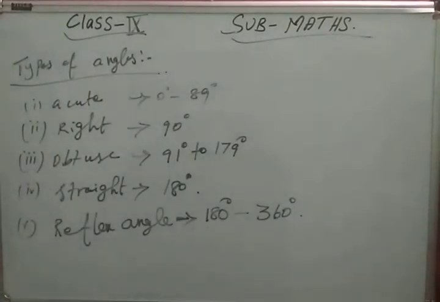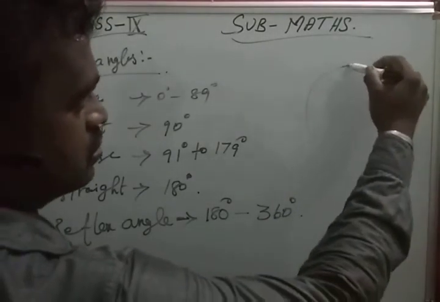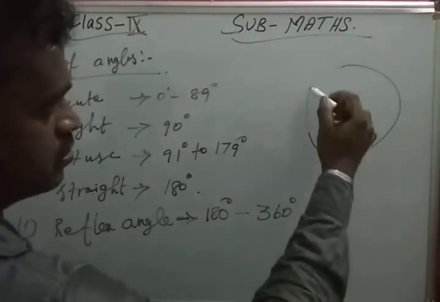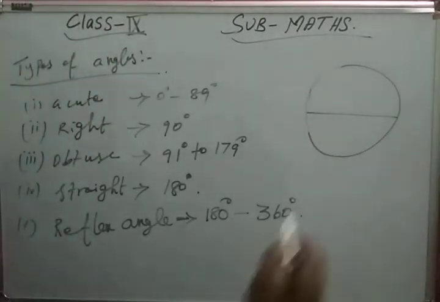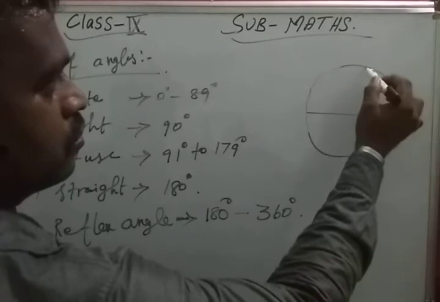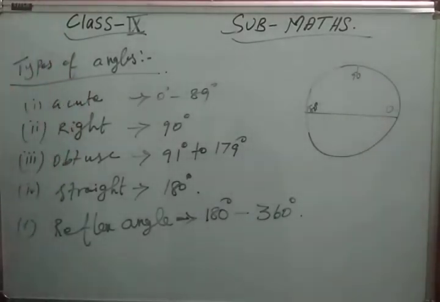Whenever we have a circle like this, in your protractor you can see 0, 90 degree, then here 180 degree.